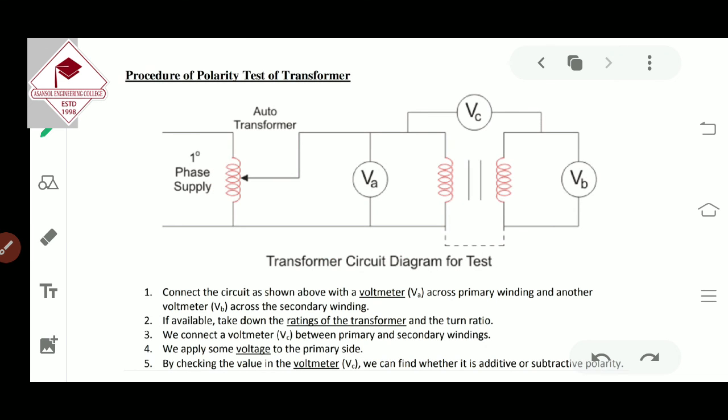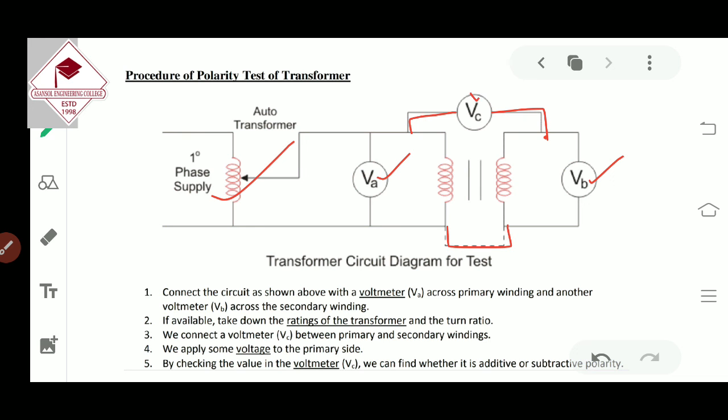Now let us see this test. This one is the actual circuit diagram. We normally connect through an auto transformer. So we are connecting a voltmeter Va for the primary winding, and Vb is connected to the secondary winding, and Vc is connected with one terminal to the primary winding and the other terminal to the secondary winding, and these two are connected.